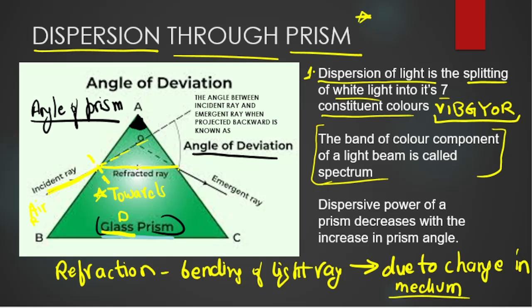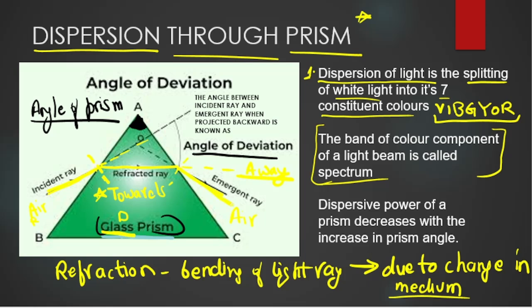And now again refraction will occur, now from glass to air. What will happen now? From glass to air, denser to rarer medium. This is your normal, so this time it will bend away from the normal, right? This time refraction will take place away from the normal. And this is how it goes. It had to go like this, but it went like this.